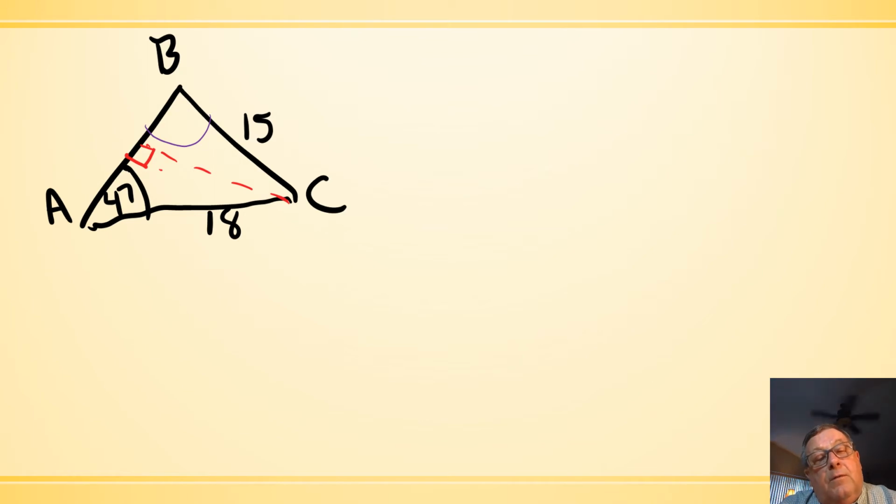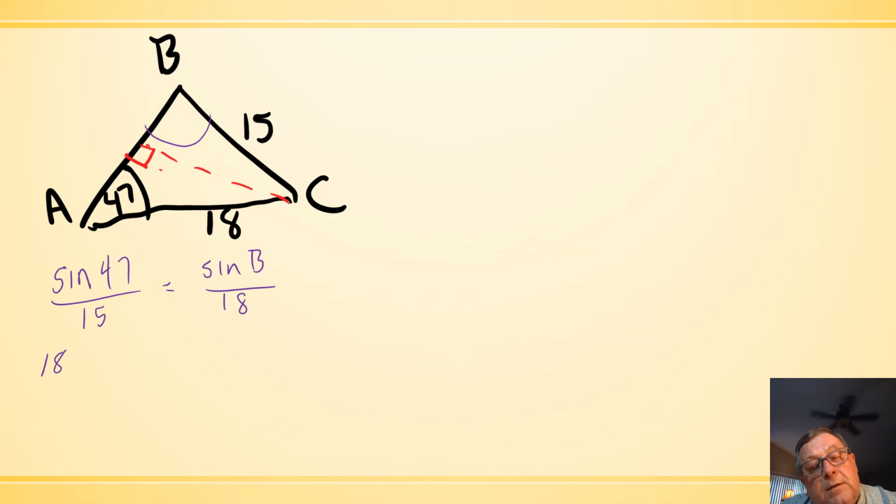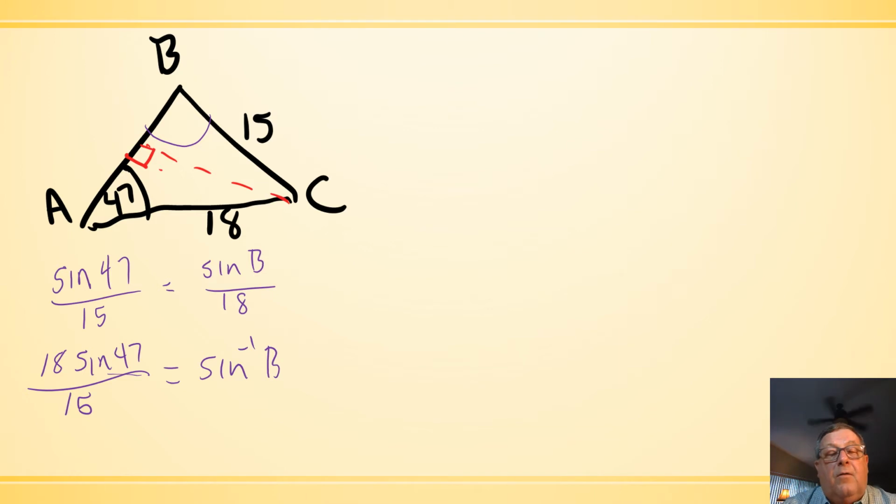Well, we can say that sine of 47 over side a, 15, is equal to the sine of B over 18, such that 18 times the sine of 47 over 15 equals sine B. But I want the angle measure, so I'm going to use the inverse sine.